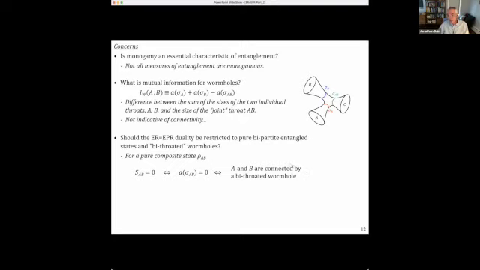So I guess the concern here is just that if we take ER equals EPR to be a statement about bipartite systems and correspondingly two regions connected by a wormhole, then this similarity in terms of monogamy isn't going to be applicable. So again, the similarity is suggestive, but not conclusive of a duality relation.